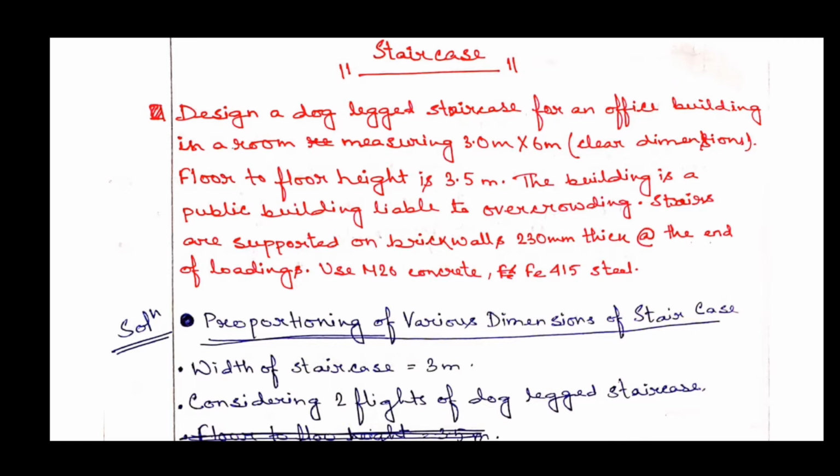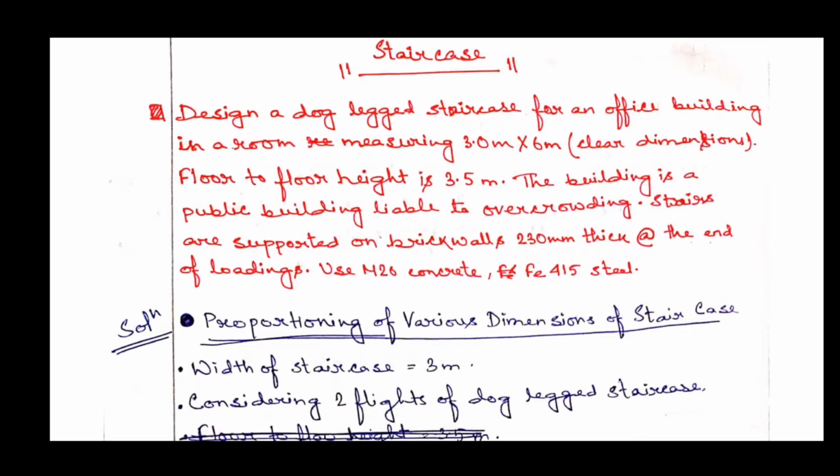In this lecture, we are going to solve a problem. We are going to design a dogleg staircase of an office building. So, let's read out the problem. Design a dogleg staircase for an office building in a room measuring 3 meter by 6 meter.